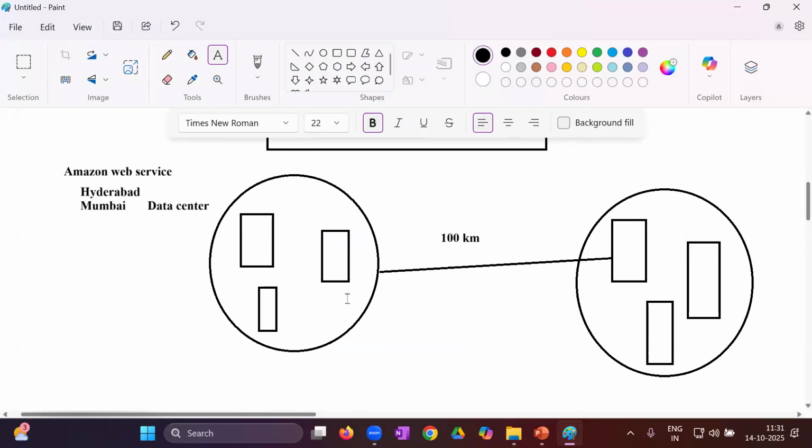So that if there is any problem with this location, all the traffic should be diverted towards a new location. We can transfer because it is not available. That's why we can use these resources. That's why it is recommended to have 100-kilometer differences.